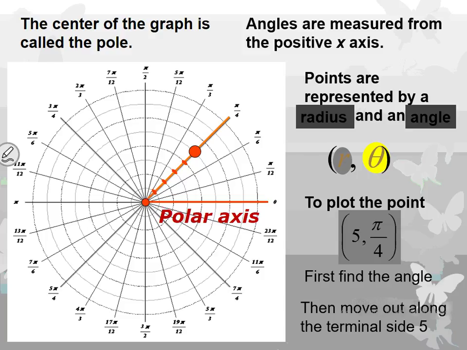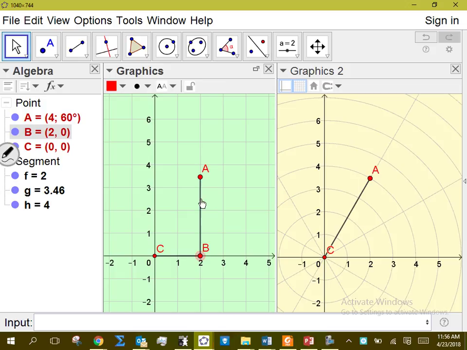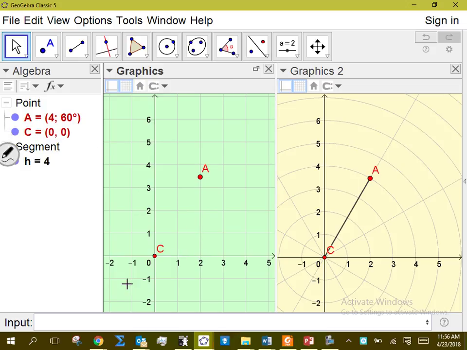What is interesting is if I asked you to name a point. If I'm in this green graph, and I want to name the point (2, 4), so I plot 2 comma 4, is there any other name that I can give that?